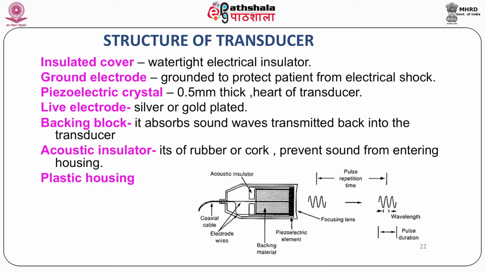The main component of an ultrasound transducer is the piezoelectric crystal. Lead zirconate titanate crystal is the heart of the transducer. It is about 0.5 millimeter thick. The piezoelectric crystal element is located near the face of the transducer.